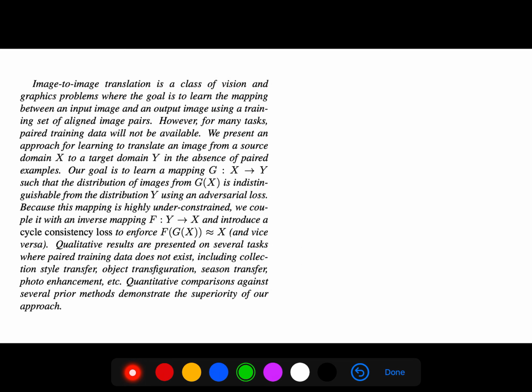Image-to-image translation is a class of vision and graphics problem where the goal is to learn the mapping between an input image and an output image using a training set of aligned image pairs. You can also extend it to natural language, where you translate one sentence to another sentence.